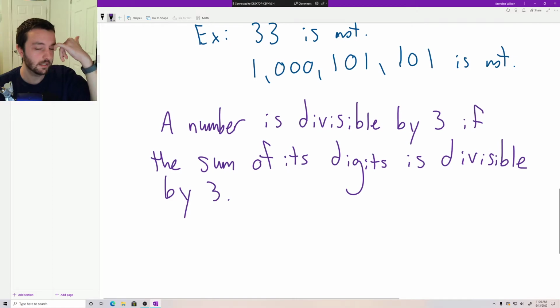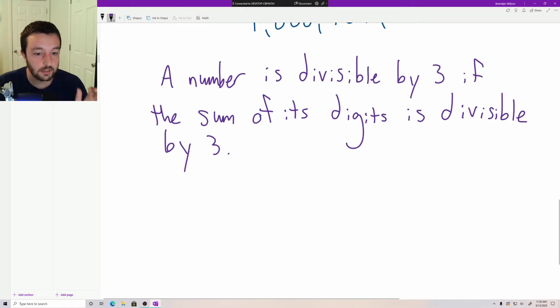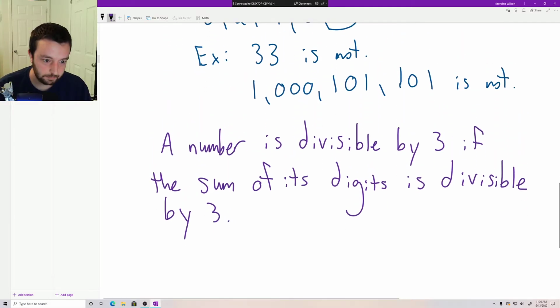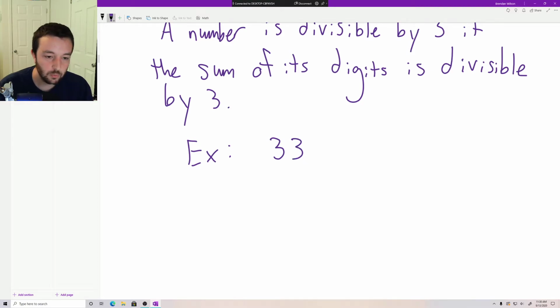Okay, so this is kind of a weird one at first sight. We look at the sum of its digits and look at if that sum is divisible by 3. This is kind of surprising. So for example, if we have something like 33, we want to look at the sum of its digits. So we want to take each individual digit and add them together.